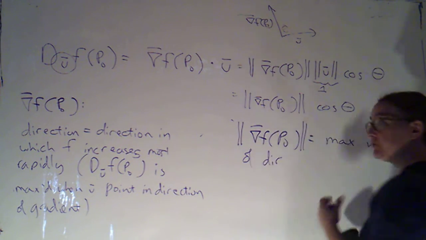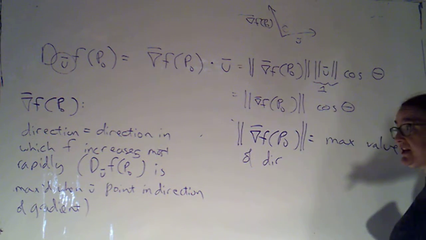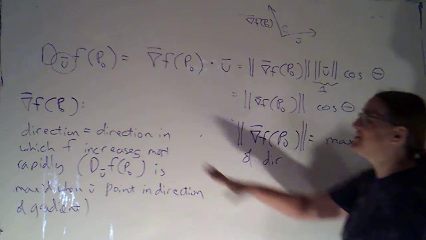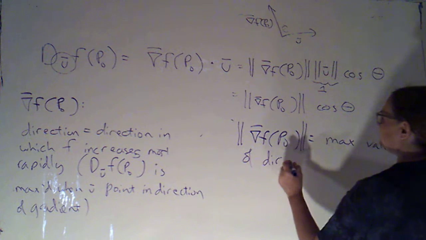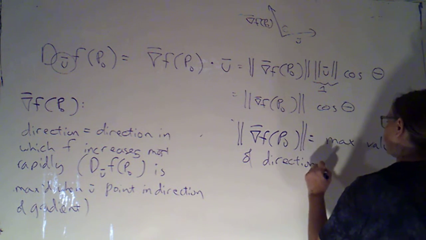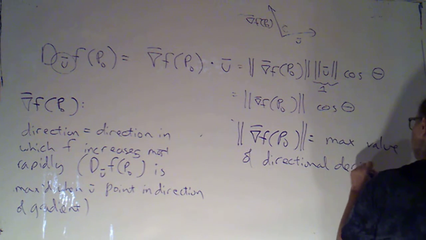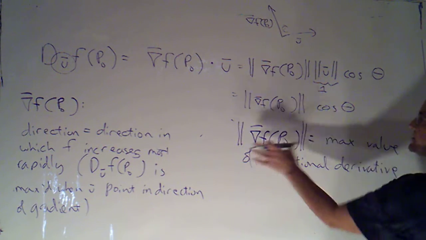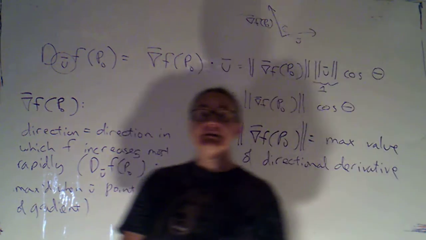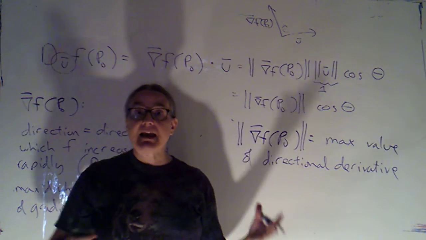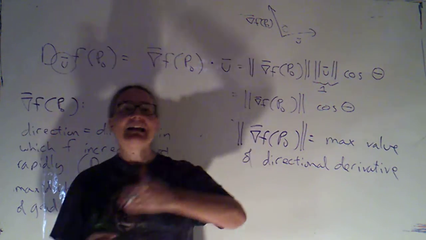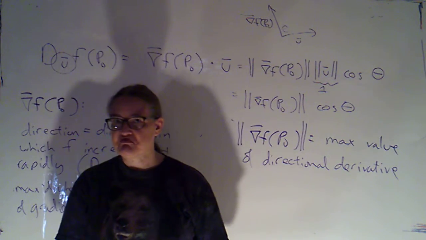And that maximum value is achieved when the direction I choose is the direction of the gradient. So the magnitude of the gradient is the biggest rate at which f can increase in any given direction.